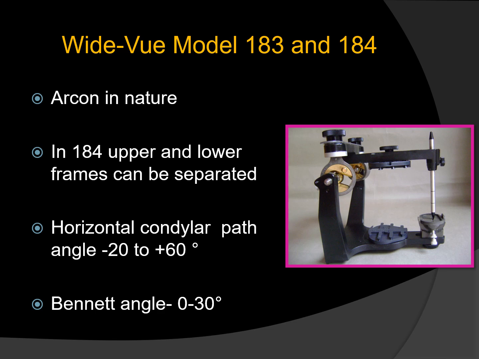The 183 Wide View model, which we are using, will have its parts discussed in detail in the upcoming slides. Here the horizontal condylar path angle is adjusted from -20 to 60 degrees and the Bennett angle from 0 to 30 degrees. There is a posterior wide portion which enables good lingual accessibility, and hence it is named Wide View models.